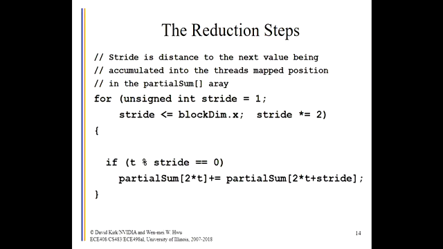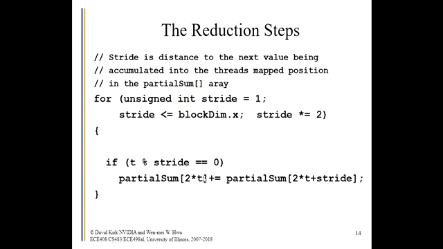All the threads are going to try to do this. If the thread index modulo stride is 0, that is, if t is a multiple of the stride, then that thread is supposed to be active. And so then we would add the partial sum that the thread is responsible for.